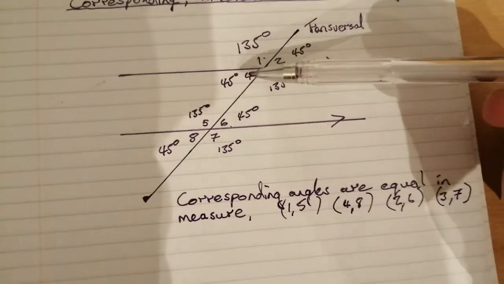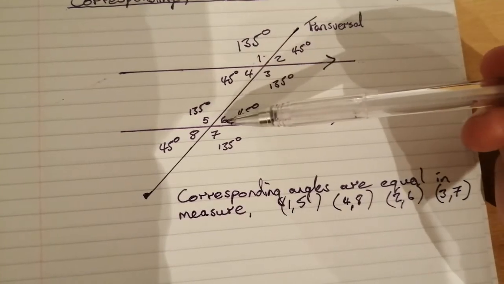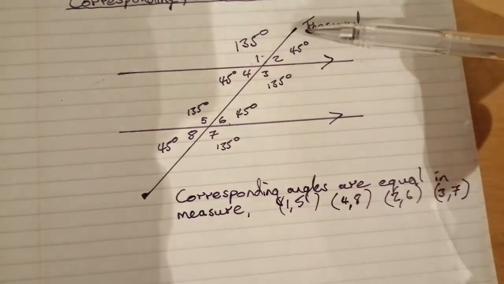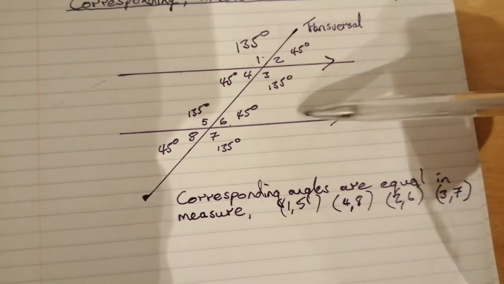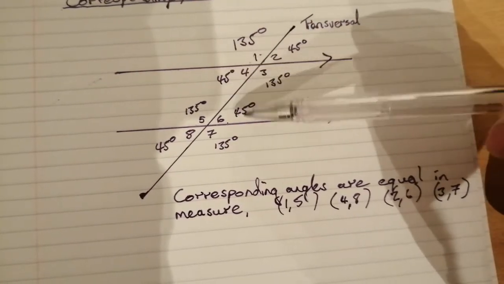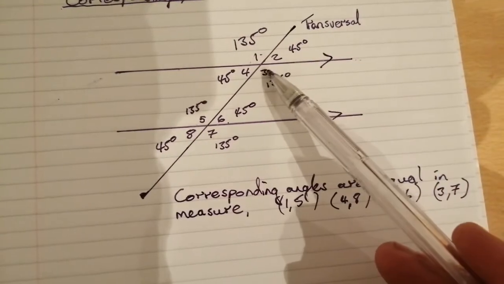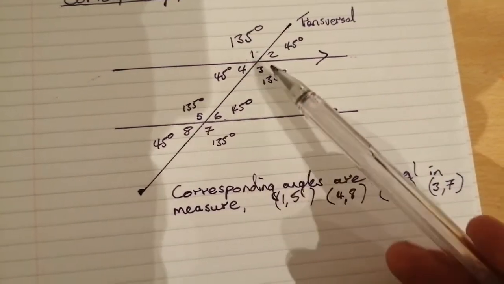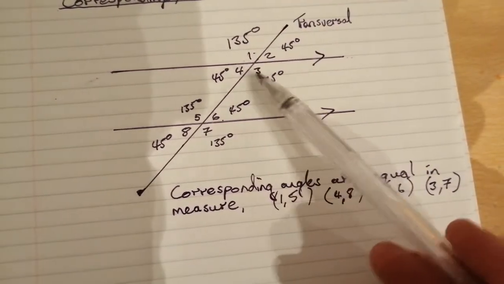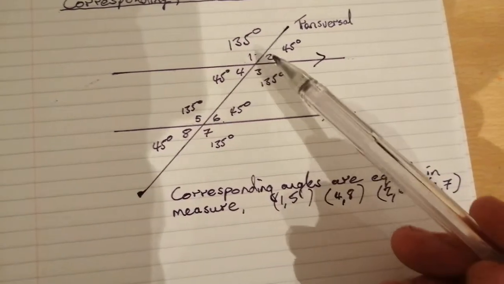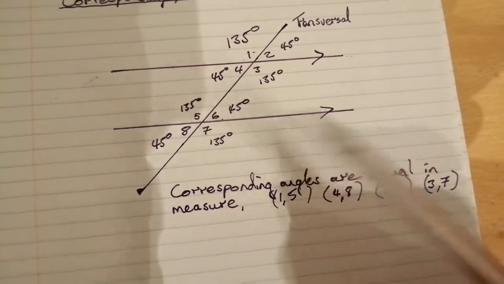So if we can see number 4 and number 6, they're on opposite sides of the transversal and they're in between the parallel lines and they're equal in measure. They're both 45 degrees. And then the other pair of alternate angles is number 3 and number 5, because they're also on opposite sides of the transversal and in between the 2 parallel lines.